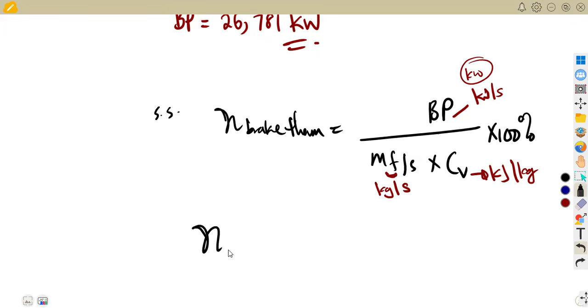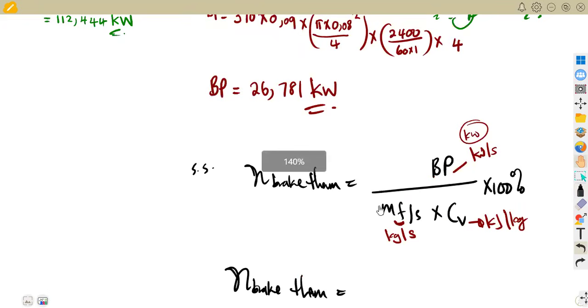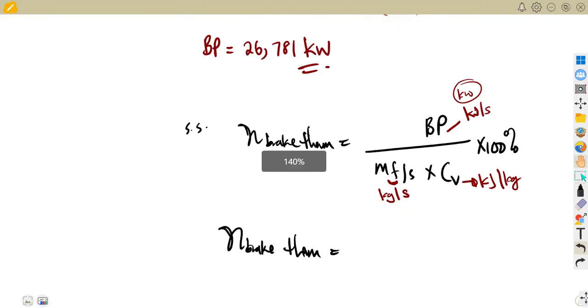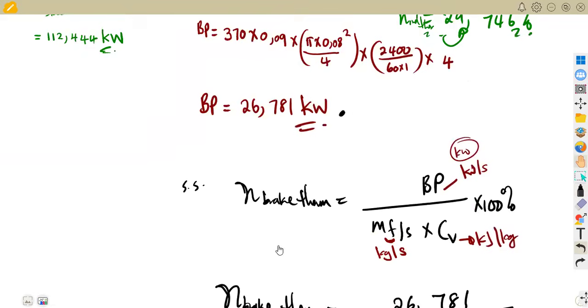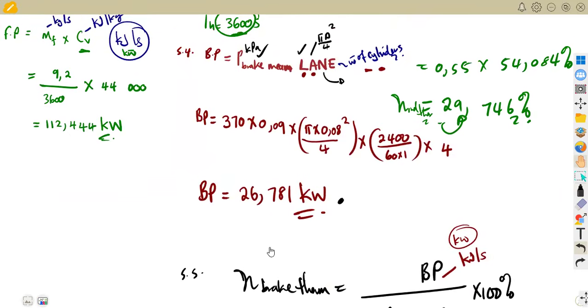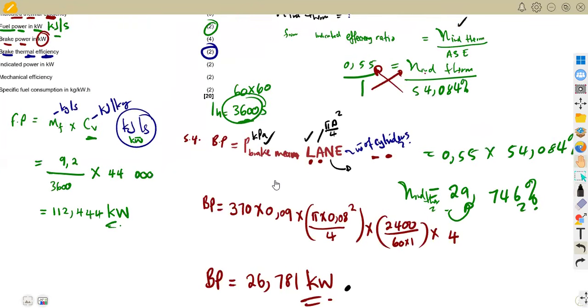our brake thermal efficiency. So our brake thermal efficiency is simply going to be brake power. We already have this. So that was simply inserting our values. Our value there is 26,781 kilowatts over the mass of fuel per second. Take note, the mass of fuel per second, you're given the formula.